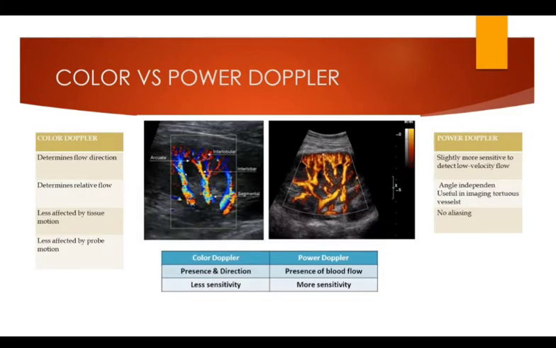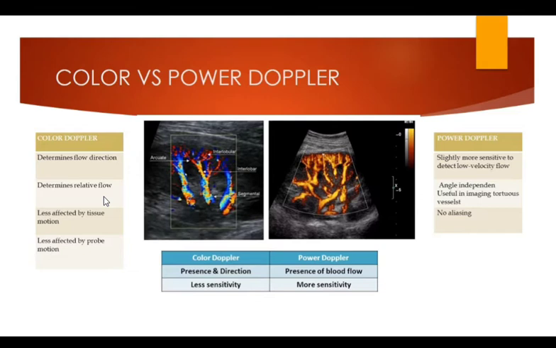Okay, so comparing our colour and power Doppler just quickly side by side. Our colour Doppler will show us the flow direction of blood. So it'll tell you whether it's coming towards or away from the probe in relation to the probe. Obviously, it's important to know your anatomy and it's important that you know where to put the probe.